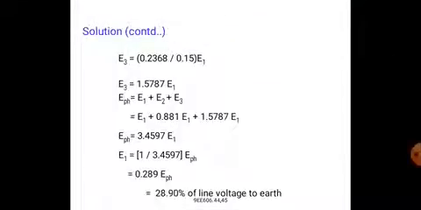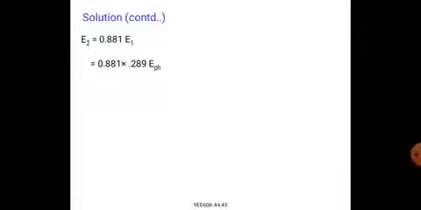0.289 E phase, that is 28.9% of the line to earth voltage. Next, E2 is equal to 0.881 E1, that is 0.881 into 0.289 E phase.